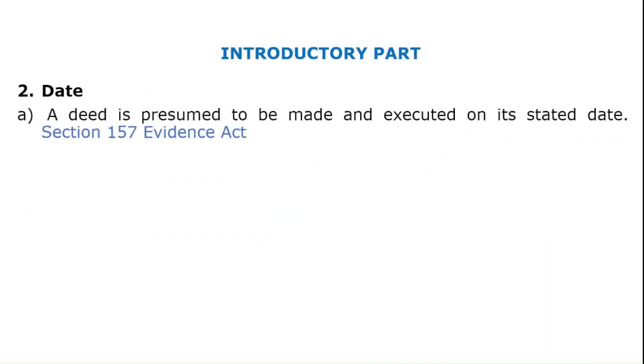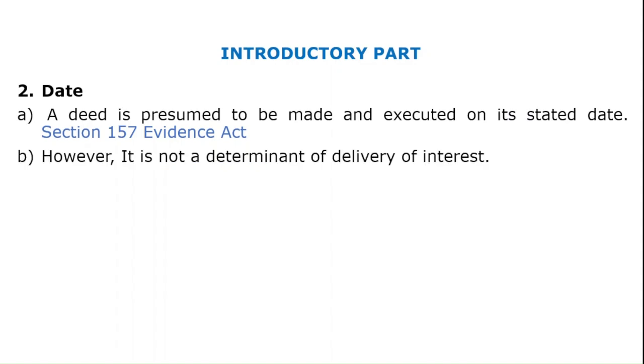So that presumption in section 157 is a rebuttable presumption, which implies that it is not compulsory, right? It does not imply that the date on a deed was the exact day that interest passed, which is why you must now take note of the next point, that the date on a deed is not what determines the delivery of interest, which is very simple and straightforward.